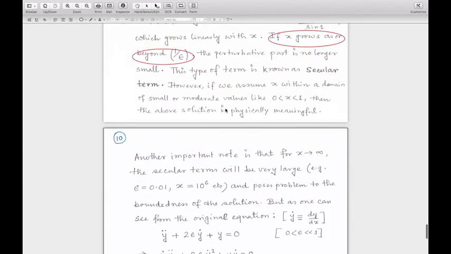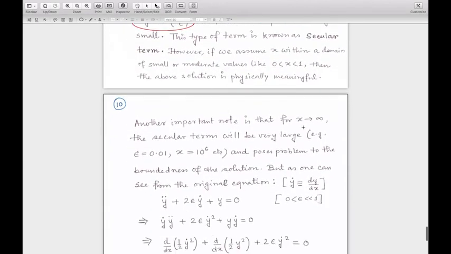Now let's say x really can tend to large values, not even infinity. Let's say epsilon is 0.01, as we assumed for the quadratic equation in the previous part of the lecture, and x is far from infinity, but let's say 10 to the 6.